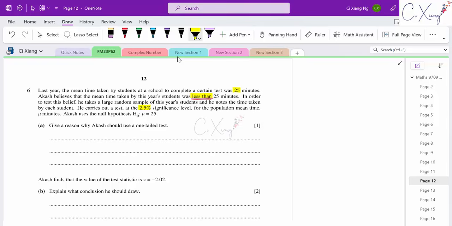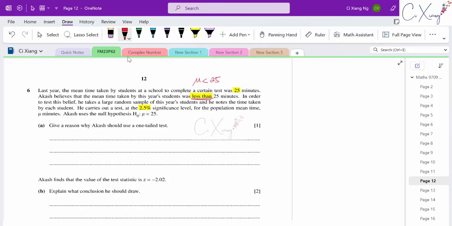Okay, so from here, what is it, a one-tail test? So the reason is from this sentence. Akash believed that the mean time taken by this year's students was less than 25 minutes. Okay, so we know that this is a one-tail test because less than tells us that the mu should be less than 25. So how can we explain the answer here?